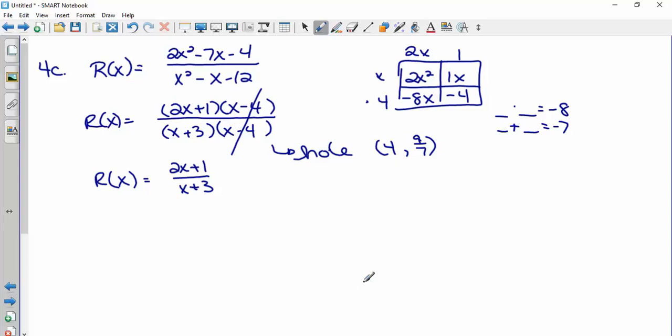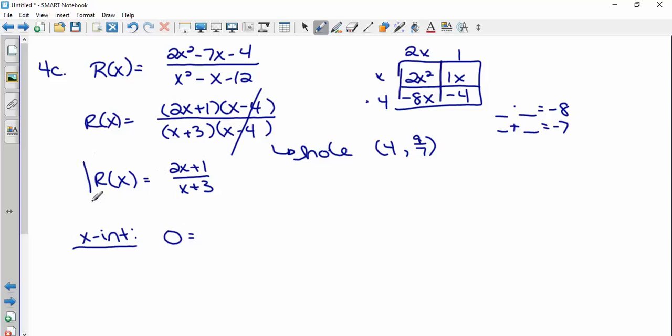So the second thing I would ask you to do is x and y intercepts. We talked about this yesterday, but how do we find an x-intercept? X-intercept is when y equals 0.